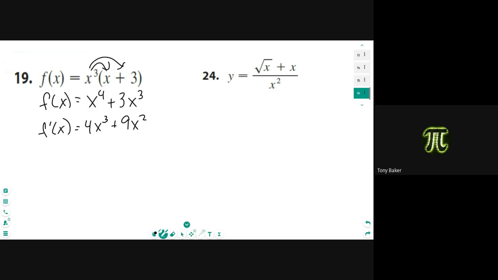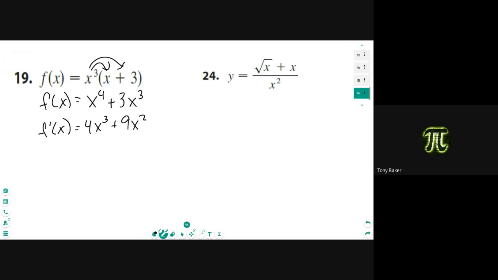What about the second one? We have division, right? But again, I can start to look at how I can use algebra to manipulate this. You can do this one of two ways. One way is we can change this to multiplication. What did I tell you about exponents in the denominator? The exponent is negative.